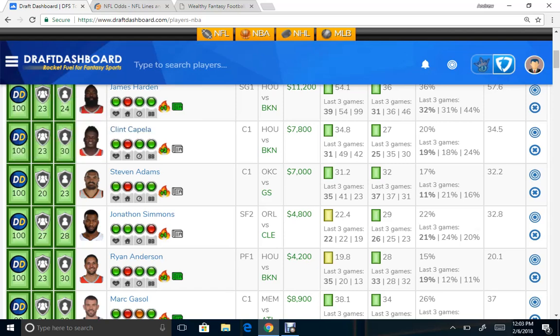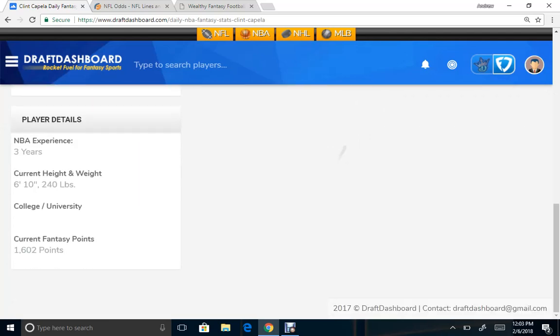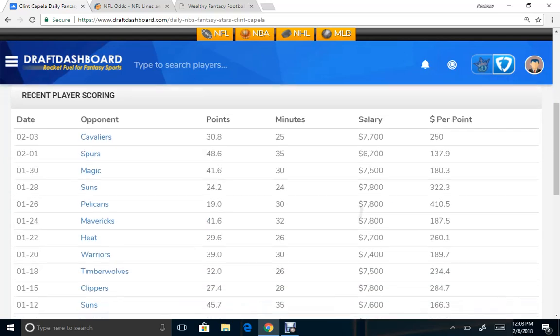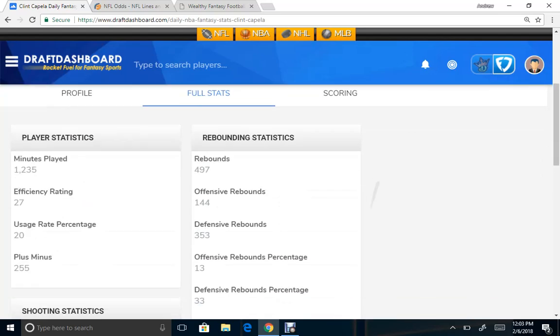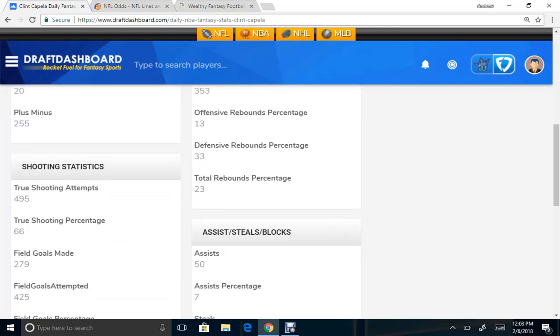And so let's say you look at Capella's stat usage here real quick, just to show you that more so on the season, really, it's the middle tab here, he's getting a 20% usage rate offensively.